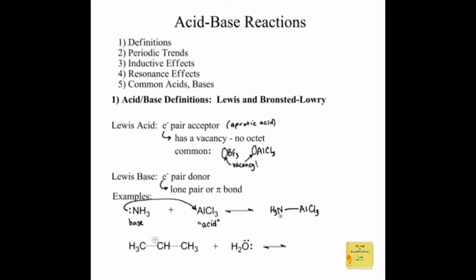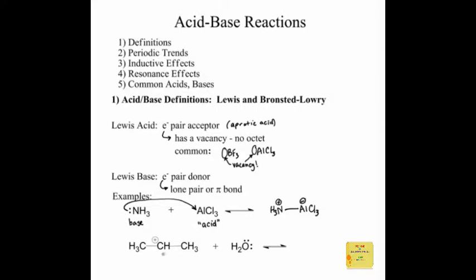This nitrogen has 1, 2, 3, 4 electrons around it. We know nitrogen wants 5, so this nitrogen now has a positive charge. And this aluminum also has 1, 2, 3, 4 electrons around it. But aluminum only wants 3, so it has an extra electron, and we would have a negative charge on the aluminum. So this is the product of our Lewis acid-base reaction.